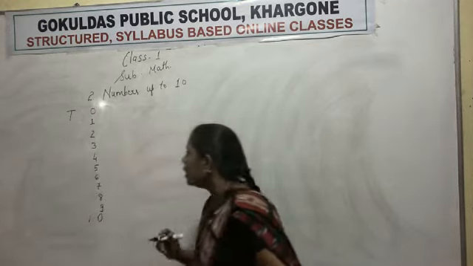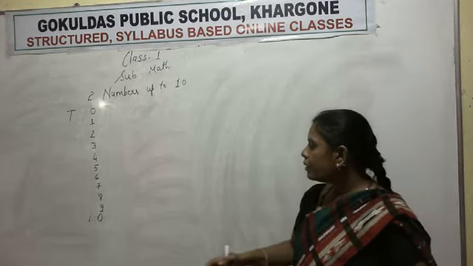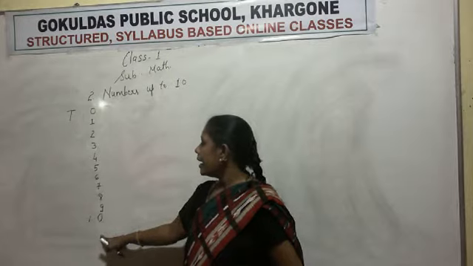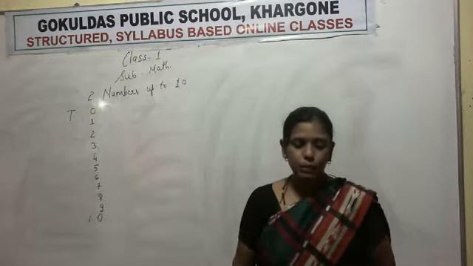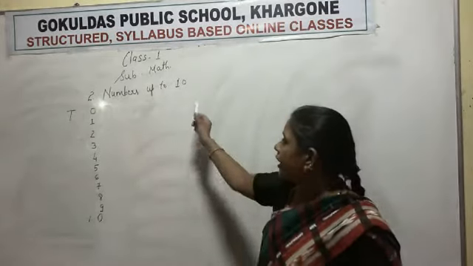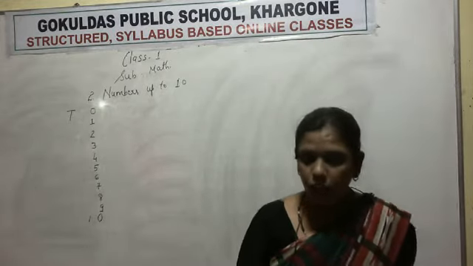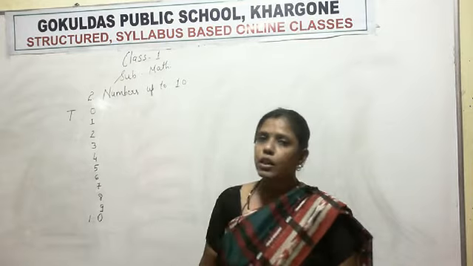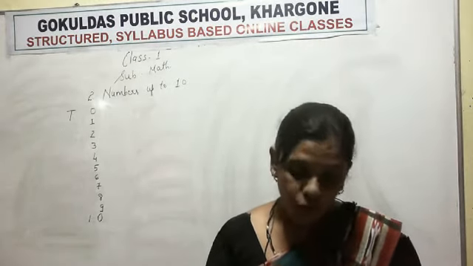In the same way, we can continue our counting by placing the first digit at the ones place and the second digit at the tens place. But our chapter is up to 10.